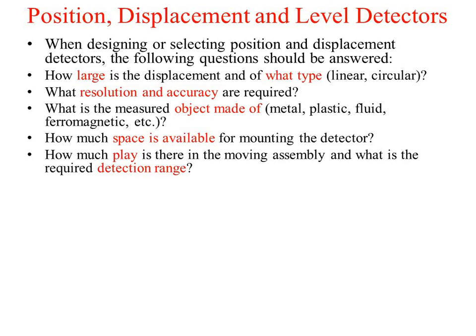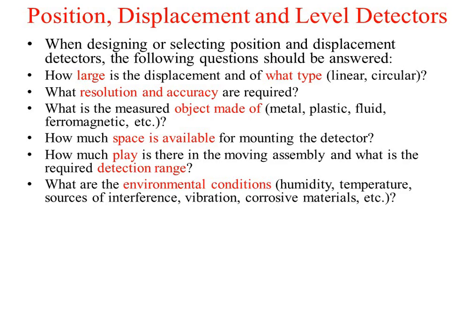So the distance between the object and your sensor, that detecting range, is also important. Then environmental conditions, what kind of environment in which you want to use this sensor or detector is again important. Whether it is a corrosive type of environment, vibrations are there, any interferences are there, temperature, the humidity, all these parameters are going to affect.